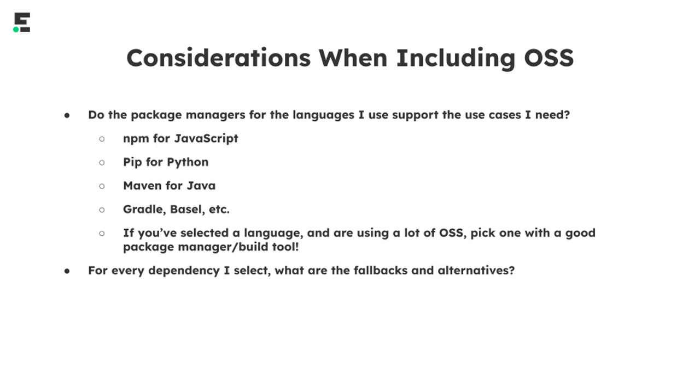Like Python, you can really get yourself down a rabbit hole of certain dependencies not supporting certain versions of Python and other dependencies. It could be really confusing and really complicated. Things you want to keep in mind: what are the challenges and what are some best practices for interfacing libraries with the core code, package managers, build tools, things like that.